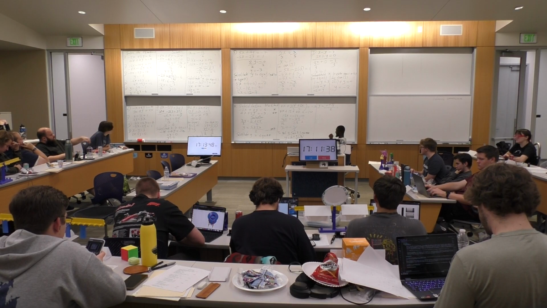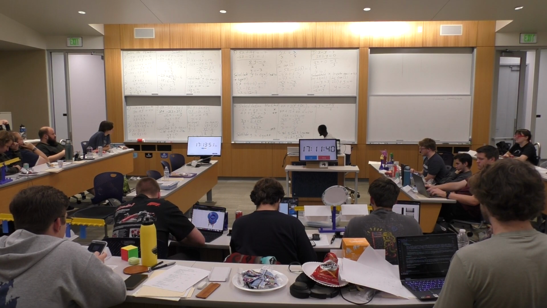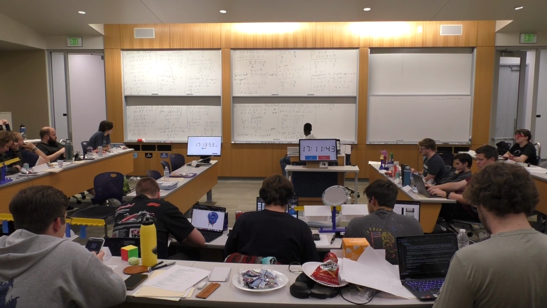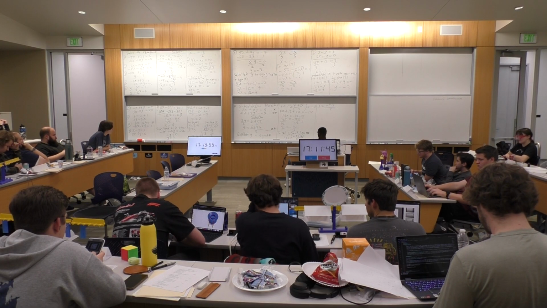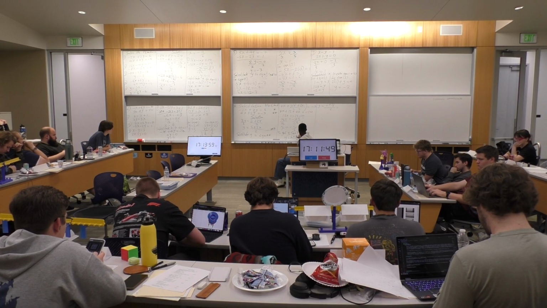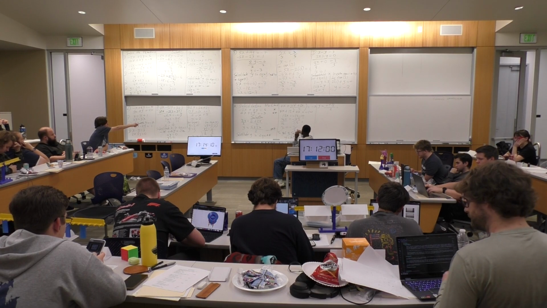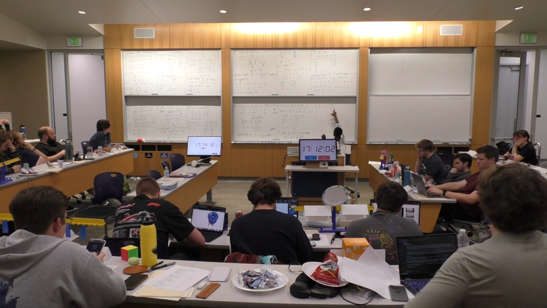No, the 11 over 6 term should be 11 over 3, because we canceled it with 2. 11 over 6, and then up there, it should be, in the next column, 11 over 3.